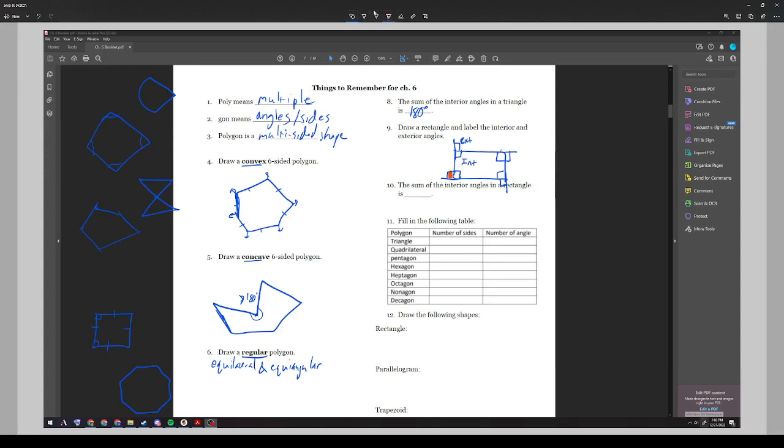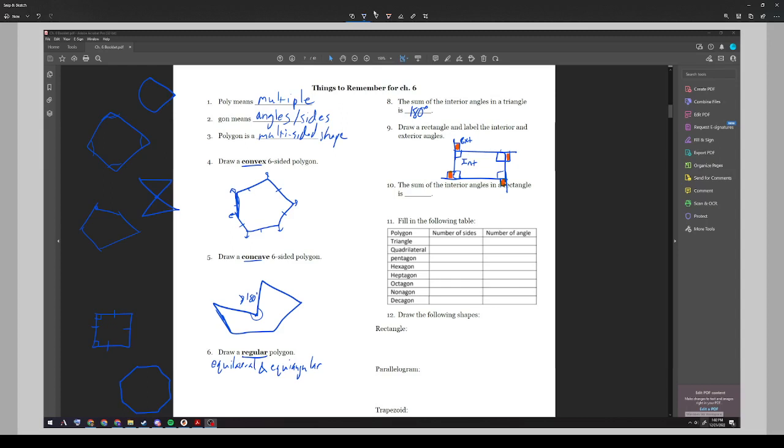So my orange are my 4 exterior angles. We could have gone the other way around, right? I could have extended the top side to the left, and then the left side down, the bottom side right, and the right side up. But what's important is I'm following it around, clockwise or counterclockwise. I tend to prefer to go clockwise. I don't know, it's just my preference.